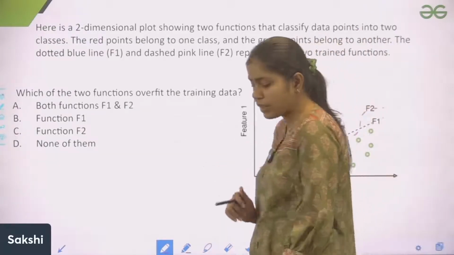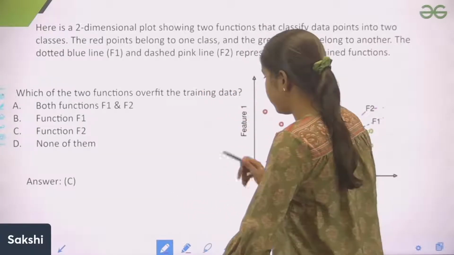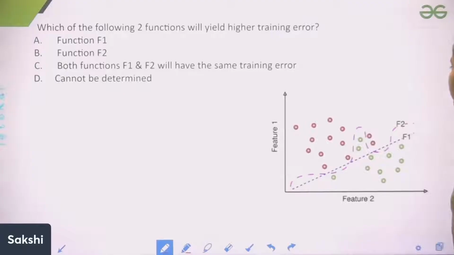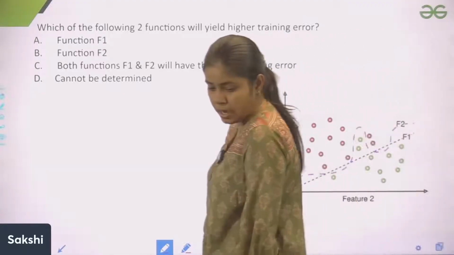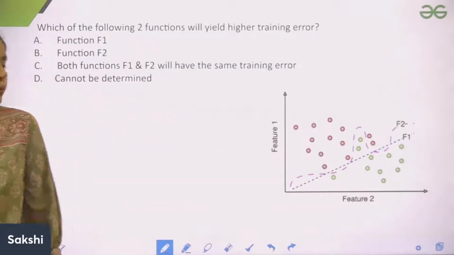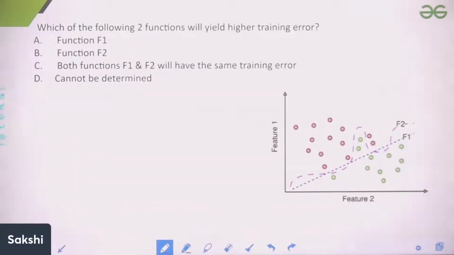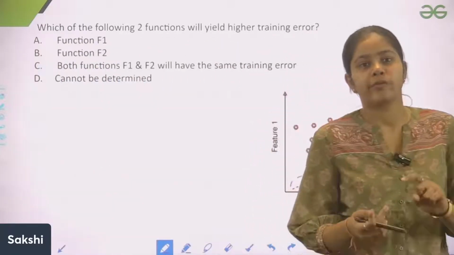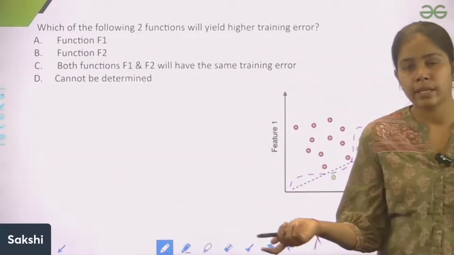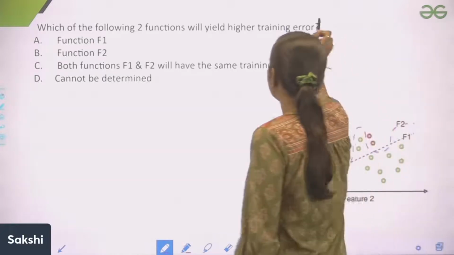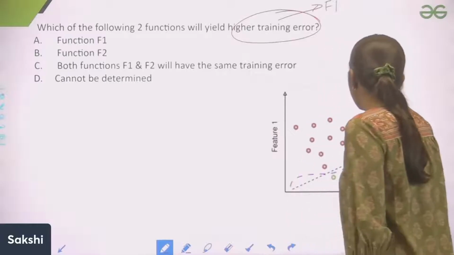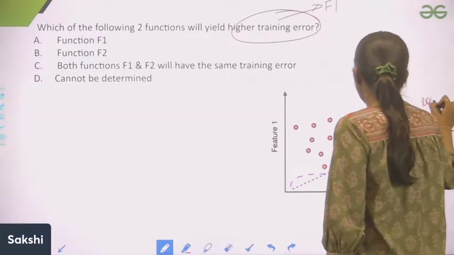Now let's see the next question. Right, C is correct here. This is another question. Which of the two functions will yield higher training error? Tell me, guys, out of F1 and F2, which will yield higher training error? Because F2 is overfitting, right? We know that F2 is overfitting. So we have low bias, high variance. So that means we have higher training error in F1, right? Because in case of F2, we are having low bias.